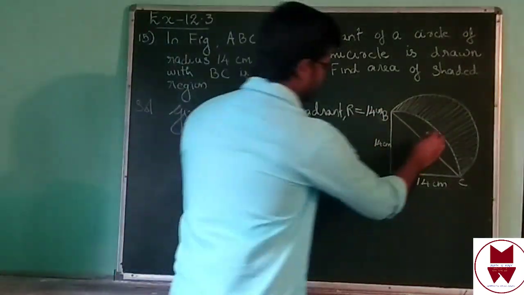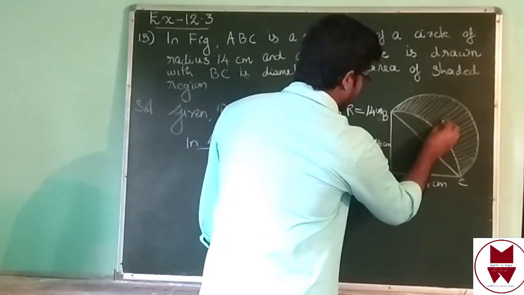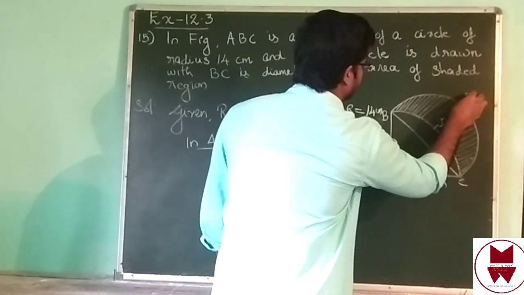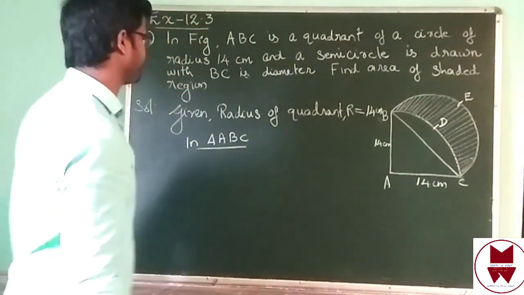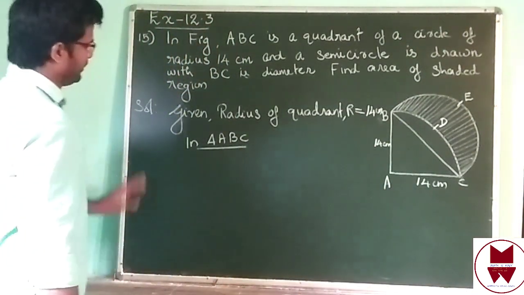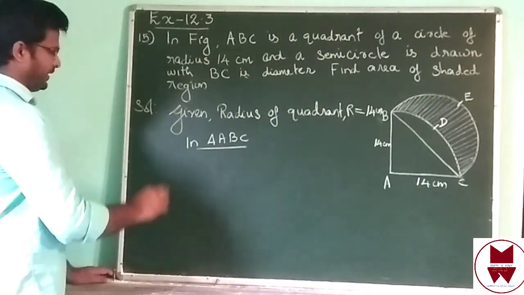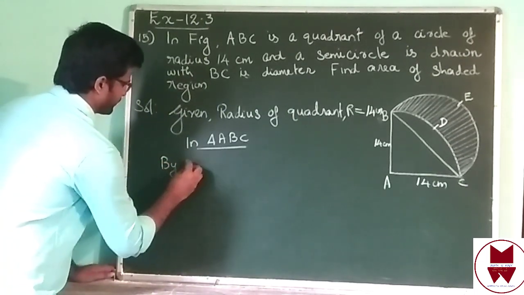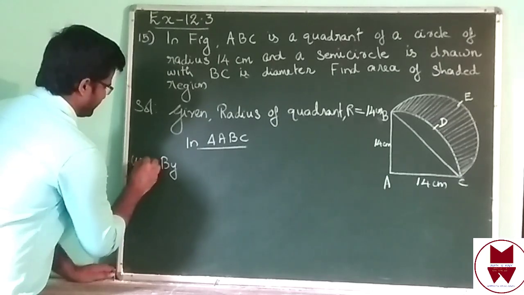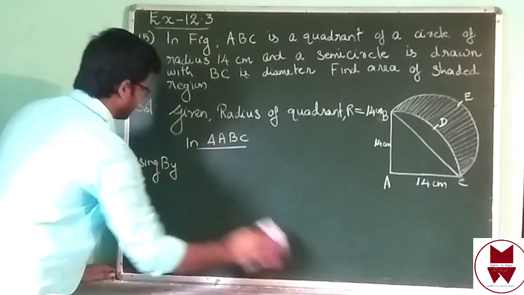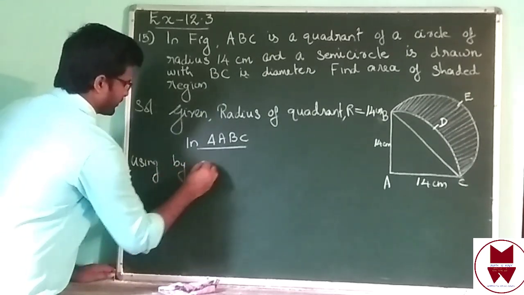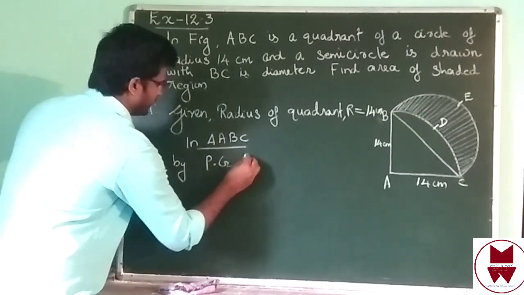In this figure, give names D and E. Then in triangle ABC we can use the Pythagoras theorem.